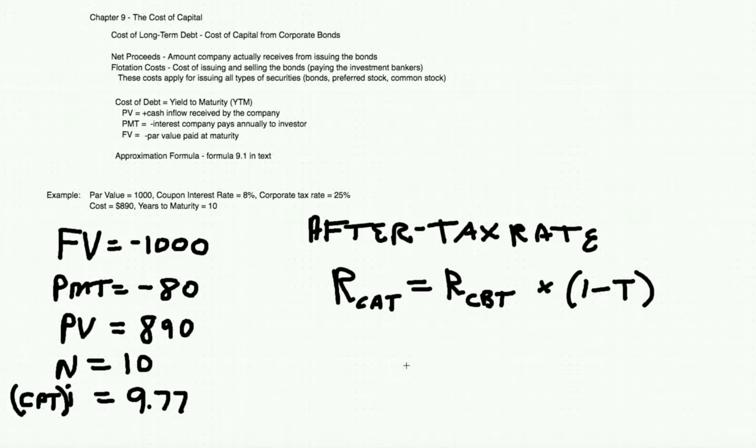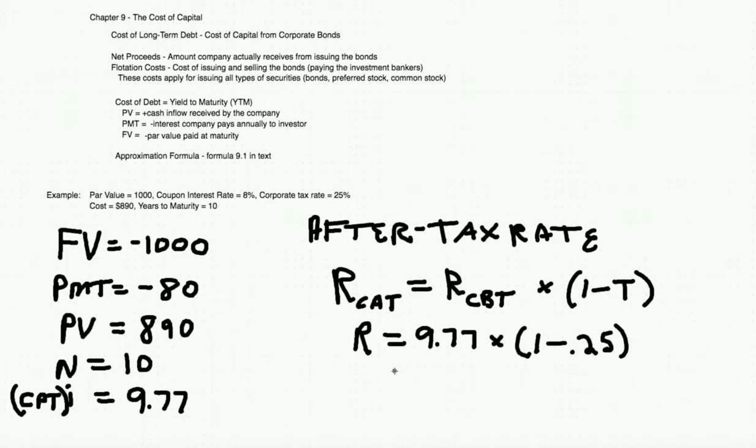So in this case, what we're going to have is the after-tax rate is going to equal the before-tax rate of 9.77 in this case, times 1 minus 0.25, or you could have just put 0.75 if you do the math in your head real quick.